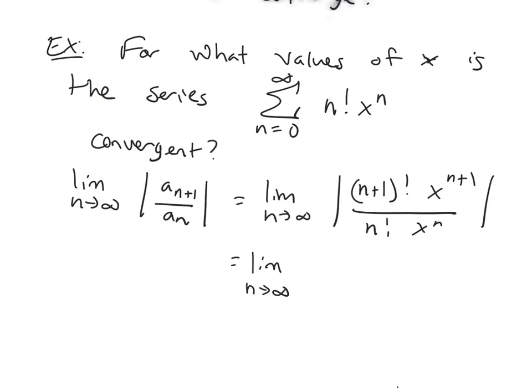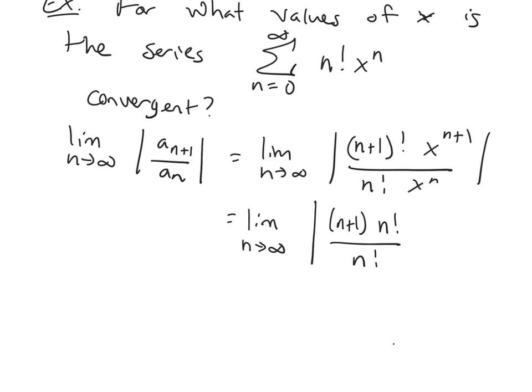We pull out an n factorial on the top. So I'm going to rewrite this as n plus 1 times n factorial. And then what else? We could pull out an x to the n on the top. So then this would be x to the n times x over x to the n.